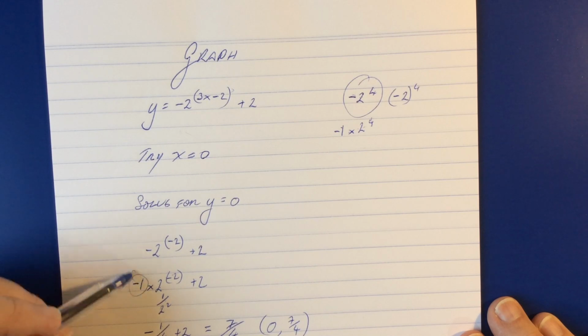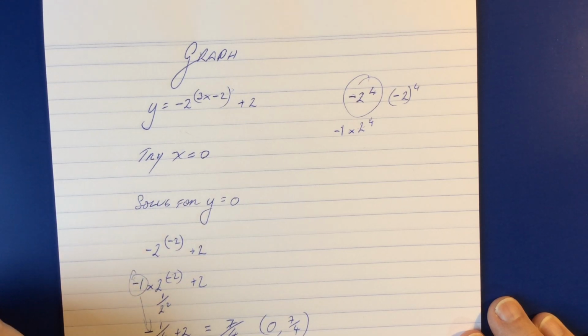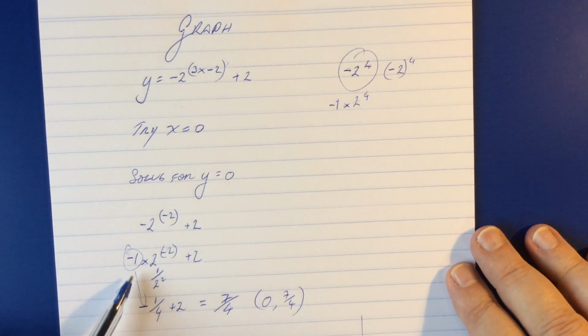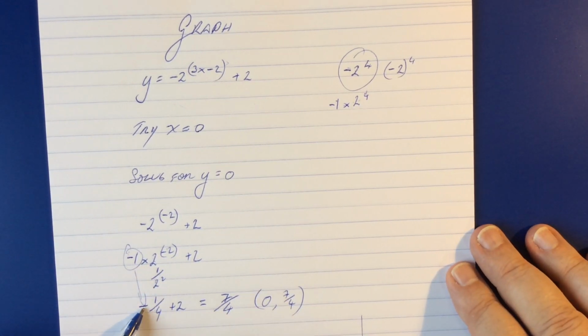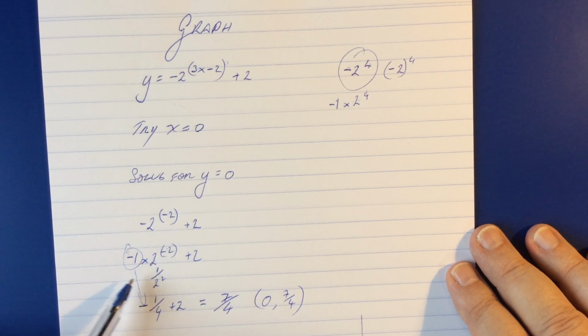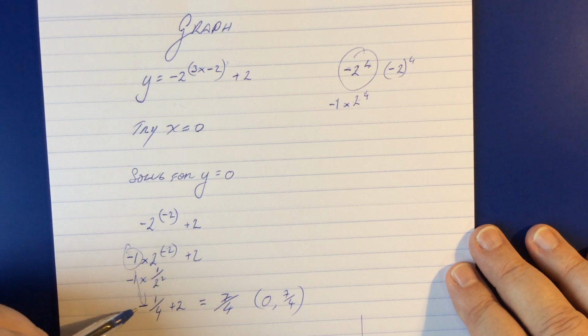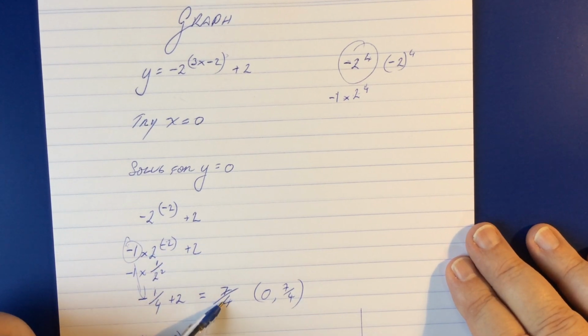And then I can apply the negative to that. So I've applied the negative to this, so negative 1 times 2 to the negative 2 is negative 1 times 1 over 2 squared, which equals negative 1/4. We add 2 to it and we get 7 over 4.